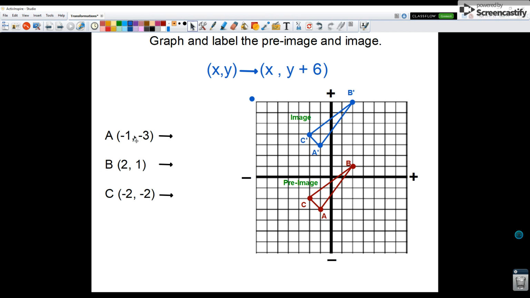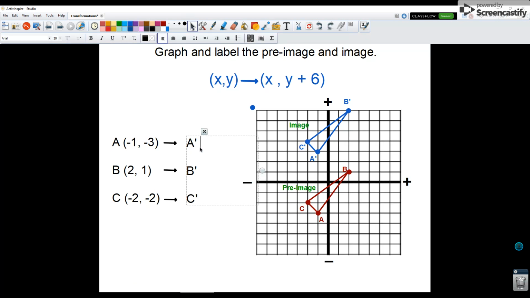So what actually happened here, my new coordinates have gone from negative 1, negative 3. If I plug in negative 1 in here, that stays the same because the x didn't get affected. But negative 3 plus 6 now becomes a 3.